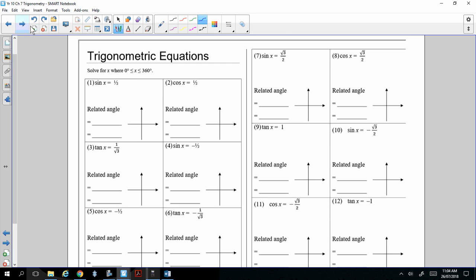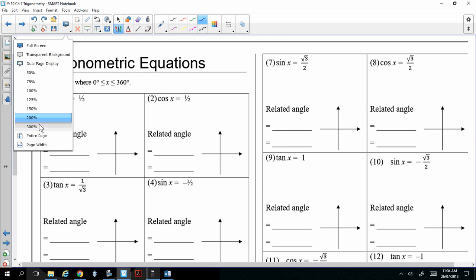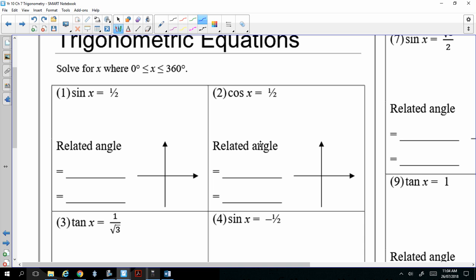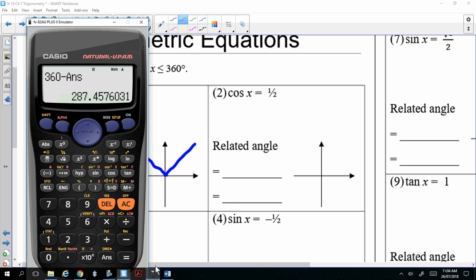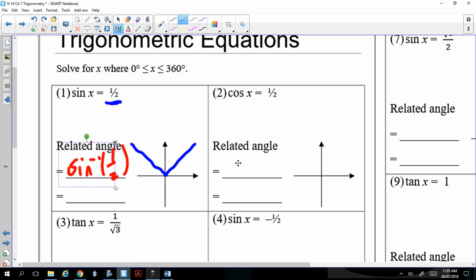Watch this. Sine x equals half. First and second quadrant. What's the related angle? Shift sine half. What's shift sine half? 30 degrees. Let's write 30. How do you find x?